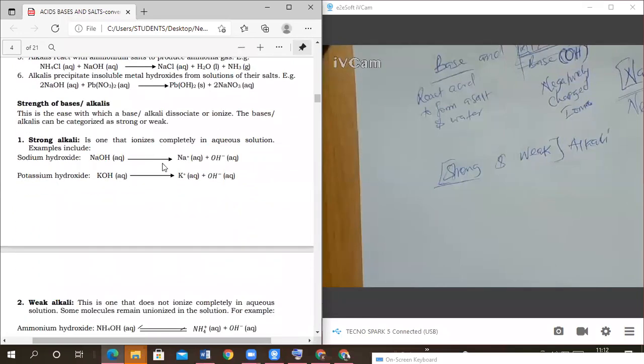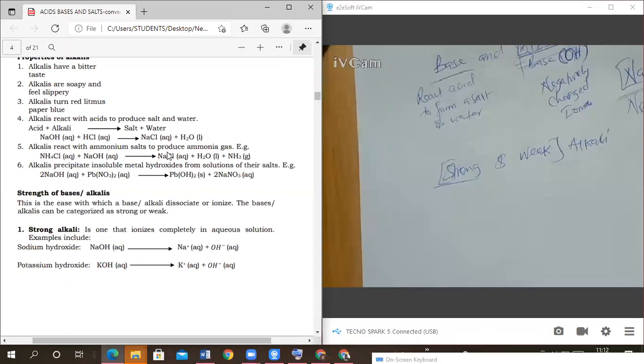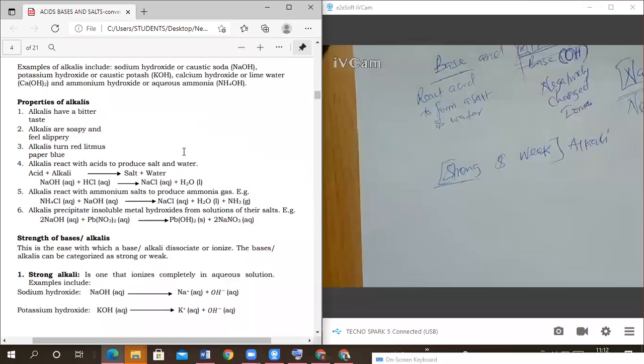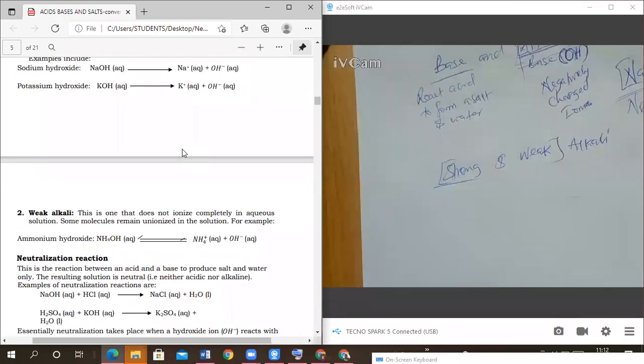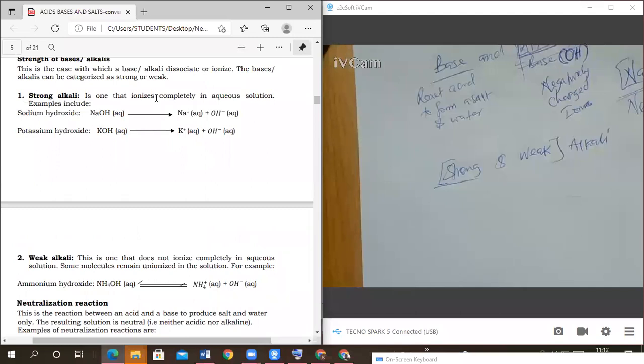The strong alkali is the one that dissolves in water. Use the right word. It ionizes, or dissociates, in water.